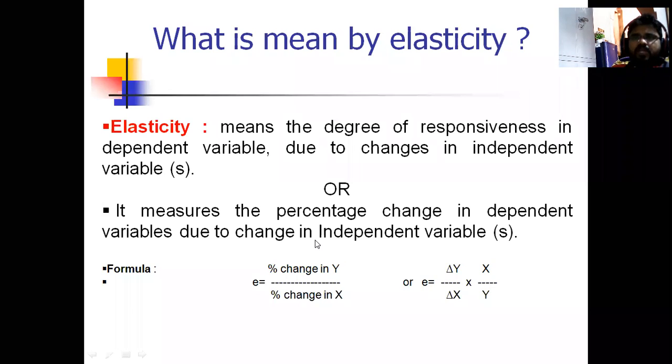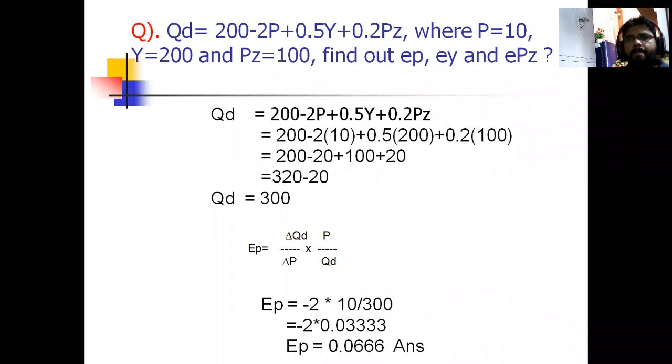Then we will come to know how we can estimate elasticity in the simple format. Then only we will come to know how we can estimate elasticities in the multiple regression analysis or in the regression analysis. See, this is a very important question which will be asked in further entrance exams for the MPhil or PhD or NET and SET exams.